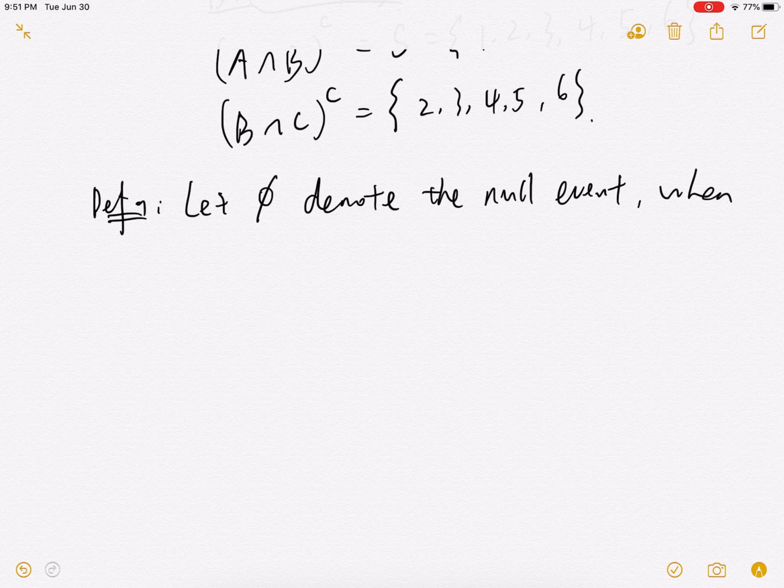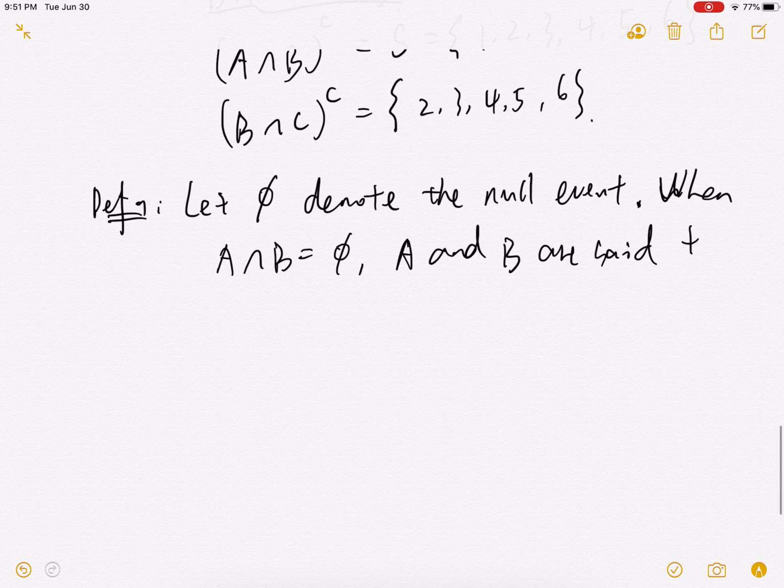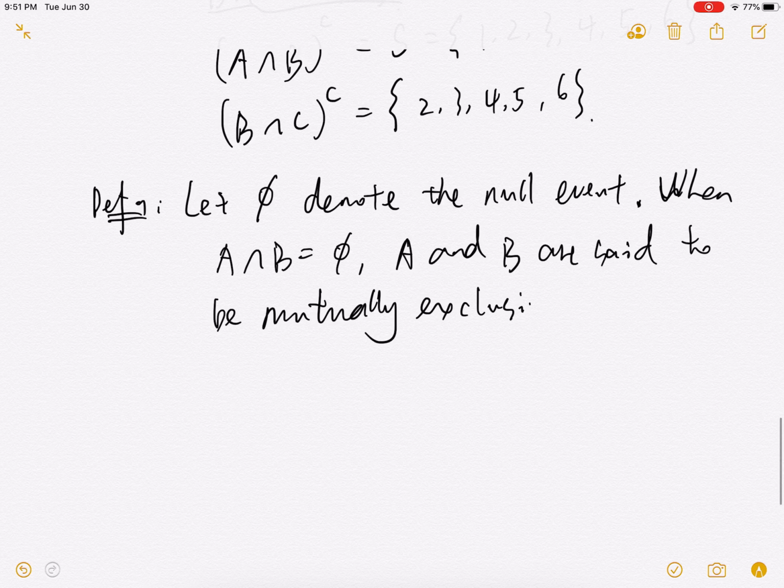When A intersection B is empty set, A and B are said to be mutually exclusive or disjoint events.